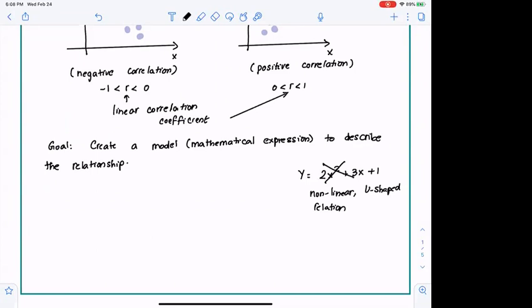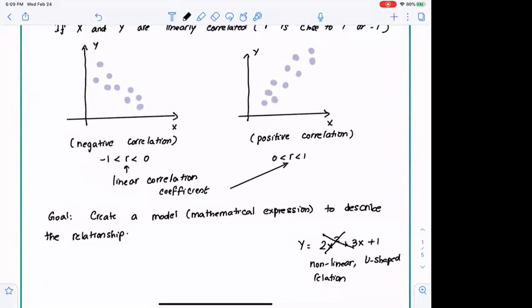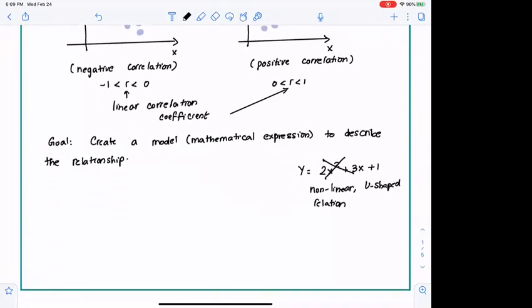So what expression would define a line? Because what we see here is a linear correlation, a line-like correlation. So we know that a line is represented using the equation y equals mx plus b. You can either call it ax plus b or mx plus b.